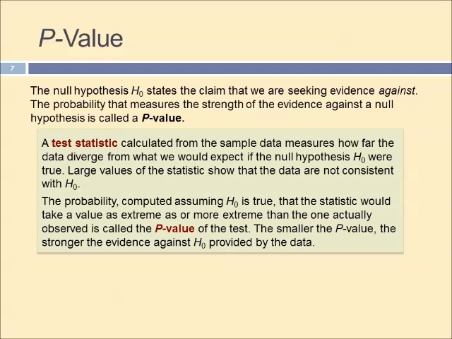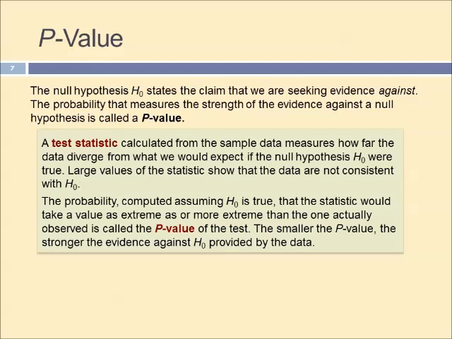A test statistic calculated from the sample data measures how far the data diverge from what we would expect if the null hypothesis were in fact true. Large values of the statistic show that the data are not consistent with H sub 0. So if we get values that are very far away from our hypothesized value, that's evidence that the hypothesized value is not true.